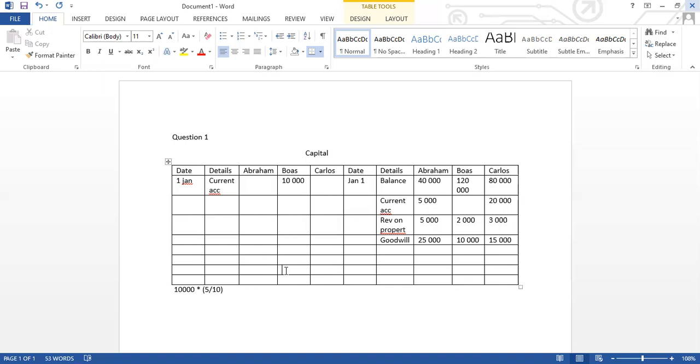Reserve, this is the profit that you keep aside. Remember that when you are in partnership, we said that we share all profits among ourselves. But it doesn't mean that if your profit is 10,000, you have to share the whole 10,000. What you do is there is an amount that you keep aside. Let me say your profit is 10,000.